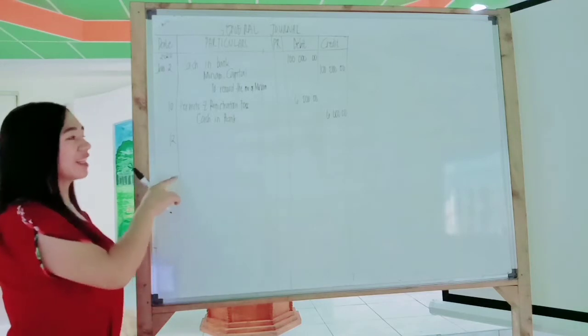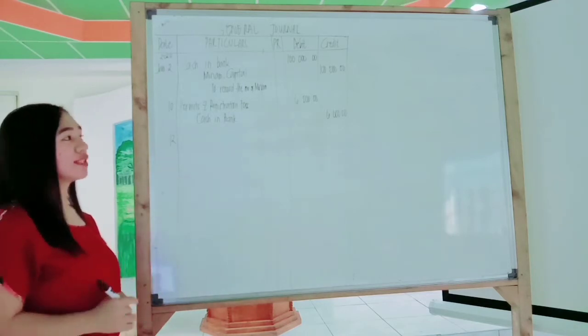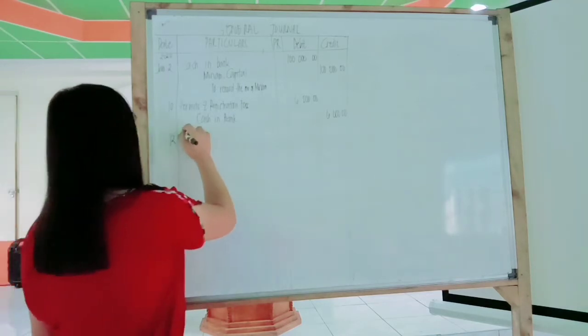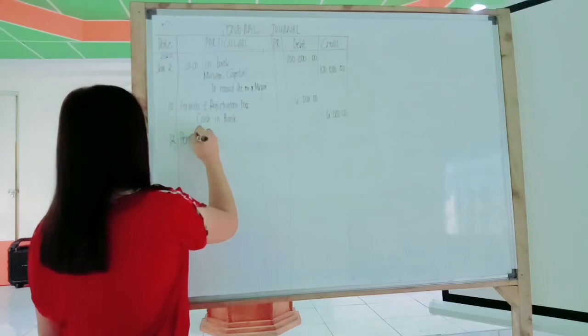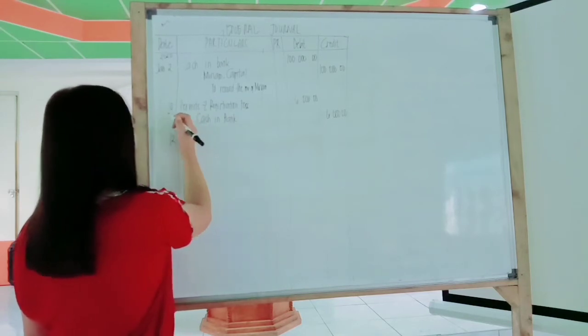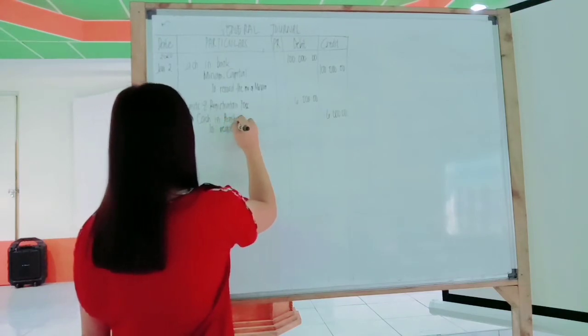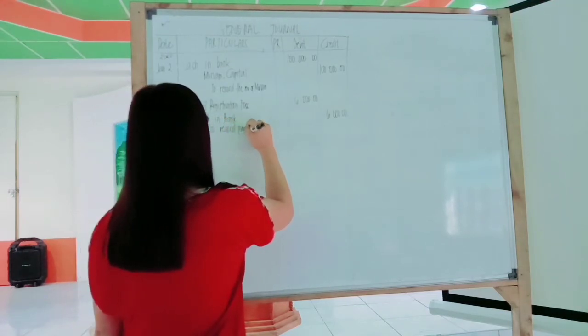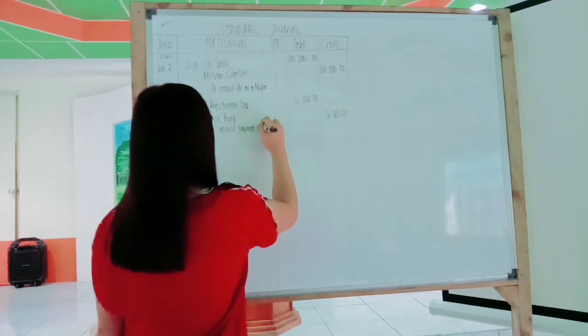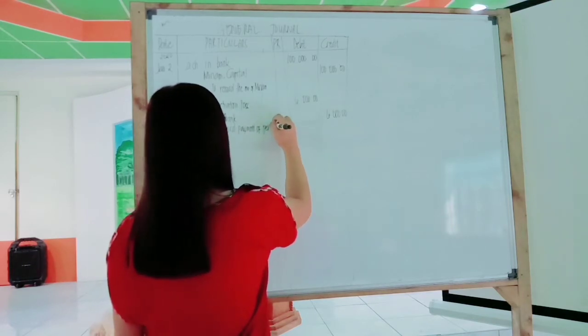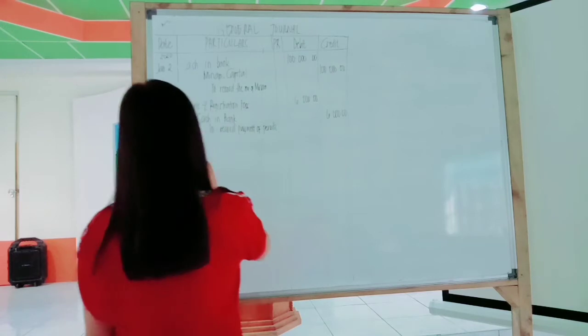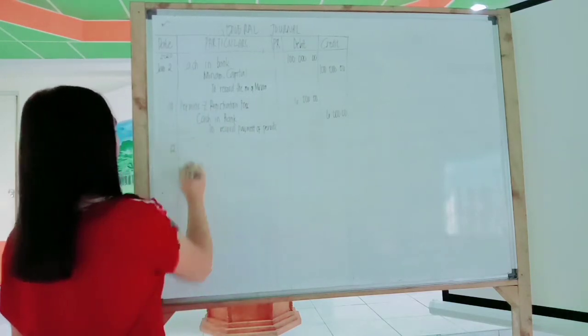Tapos, next transaction, January 12. Sabi, nagbayad siya ng registration sa BIR using again a check. So, gagamitin ulit natin yung account title natin. I'm sorry if we forgot yung explanation natin. To record payment of permits. The next, 12.